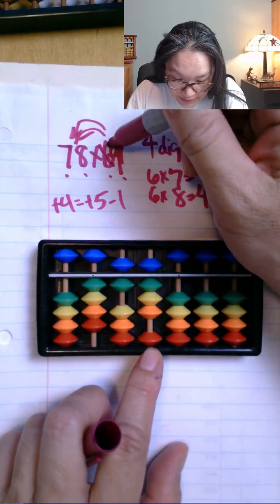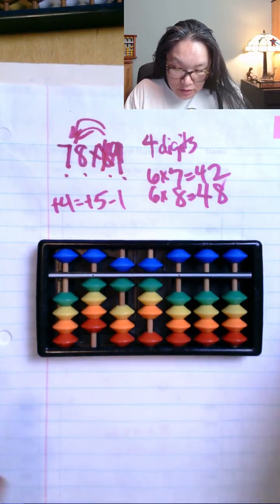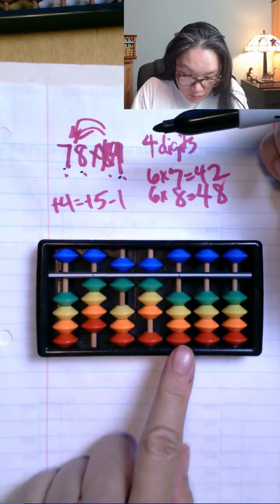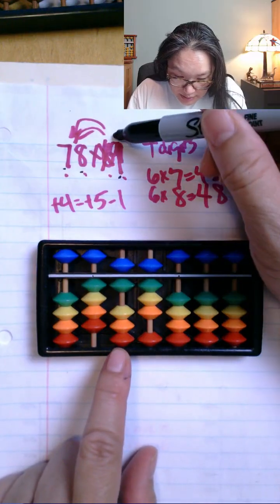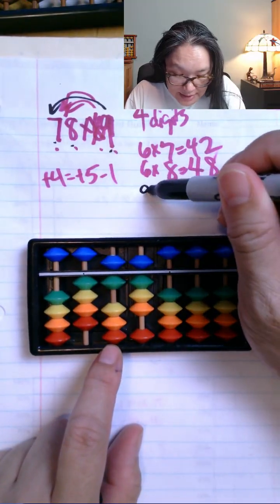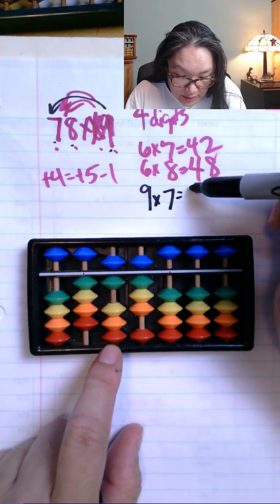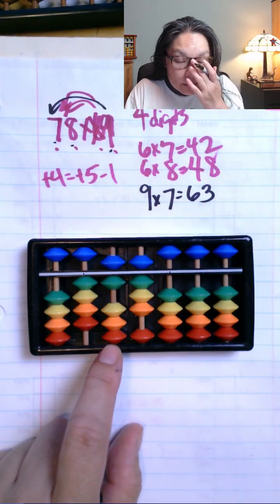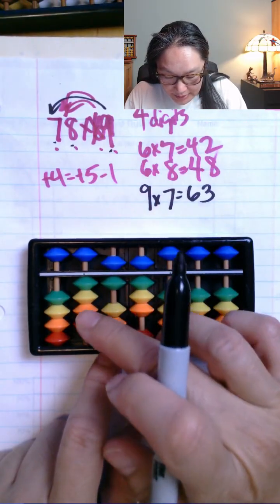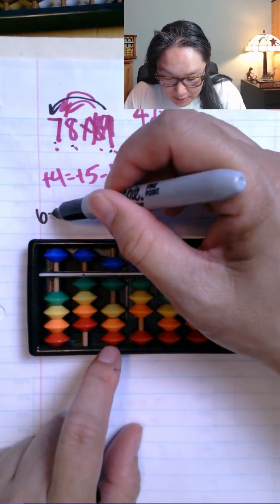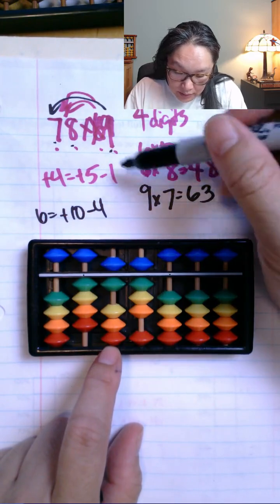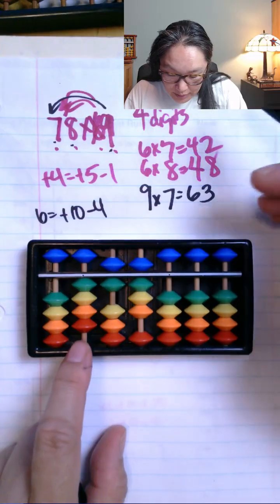I now need to reassess because I'm done with the 6. So now I've got to do 3. 9 times 7 is 63. Add 6 and I add 3. Add 6. There's not enough to plus the 6. Plus 6 is plus the 10 minus 4. Plus the 10. There's not enough to plus the 10.